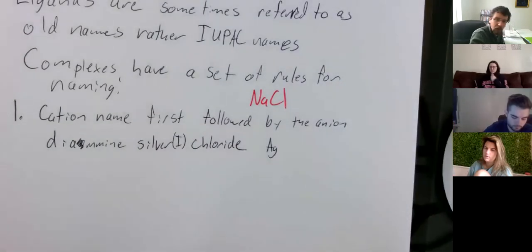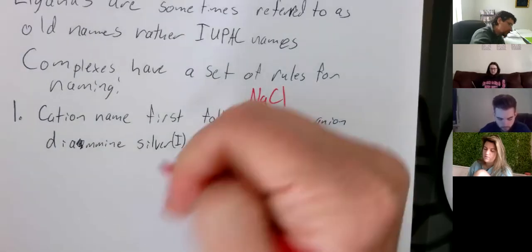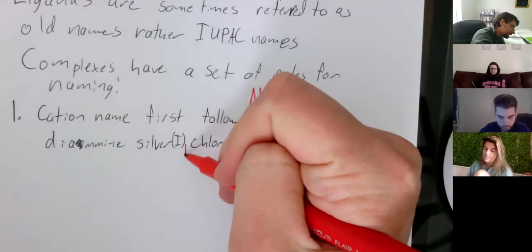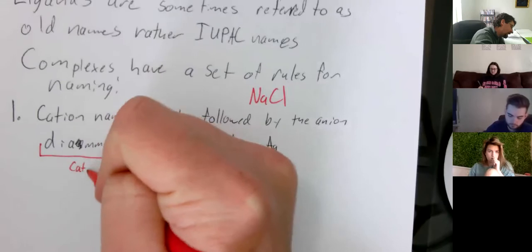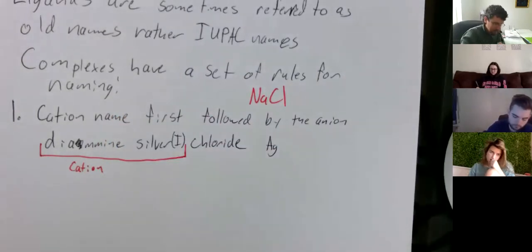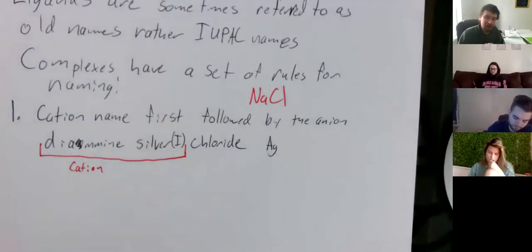So remember, before we do anything, what part's the cation? It's the silver. Not just the silver, what else? And the diammine. Yeah, this whole thing's the cation. And that makes the chloride part. All right.